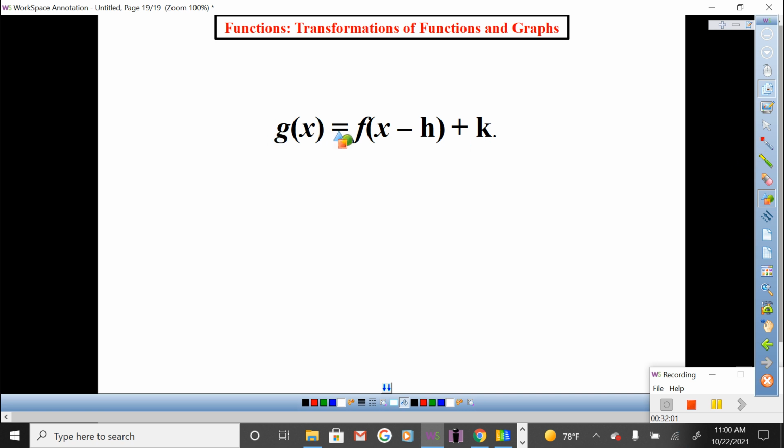G of x equals f of x minus h plus k. Make sure you make a note that this has a minus inside of the parentheses. That's part of the rule. Okay? All right.